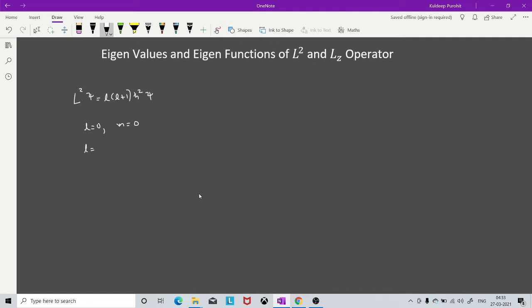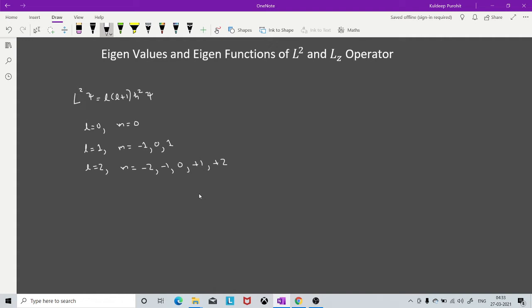When L is equal to 1, then m will be minus 1, 0, plus 1. When L is equal to 2, then the possible values of m are minus 2, minus 1, 0, plus 1, and plus 2. So this is how these values are related.